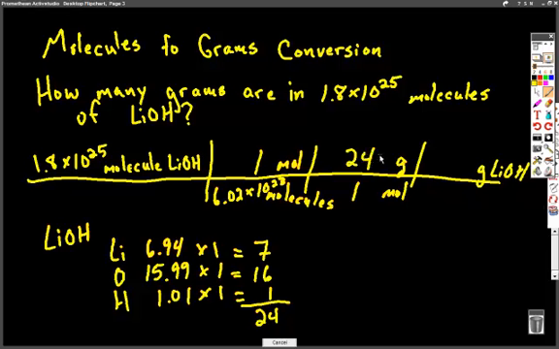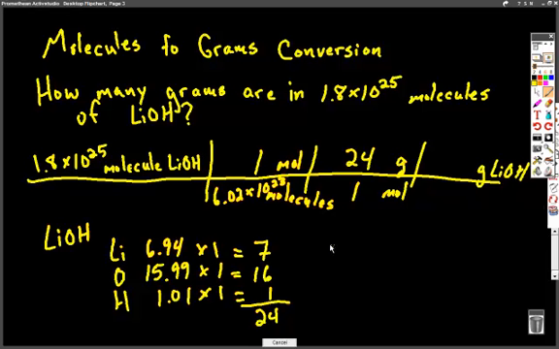Okay, now the next step is again doing the math here. So we have 1.8 times 10 to the 25th, over 6.02 times 10 to the 23rd. Just a quick tip with exponents. When you're multiplying exponents or dividing by exponents, multiplication means that you add the exponents, and division means you subtract the exponents.